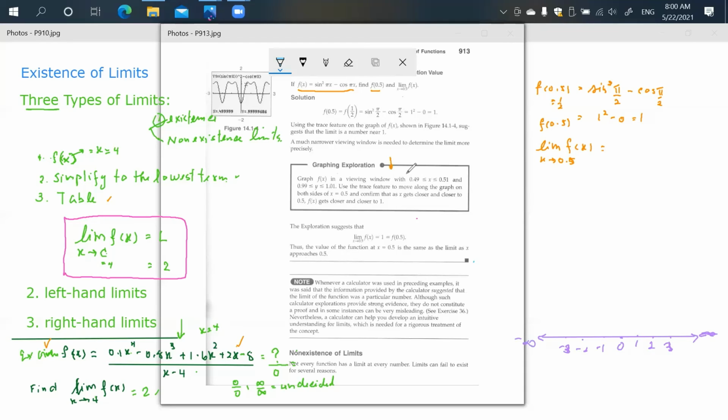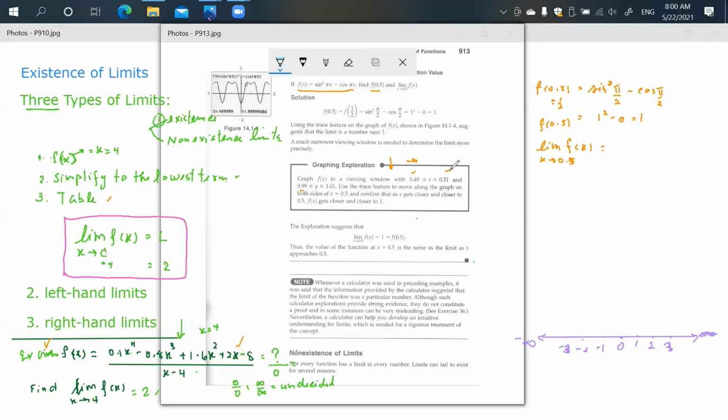So if x approaches 0.5 from the left, say x equals 0.49, the value of y becomes 0.99. This is from the left.